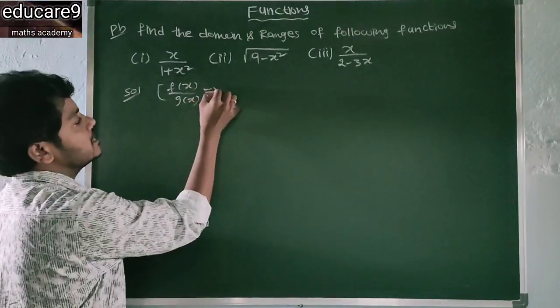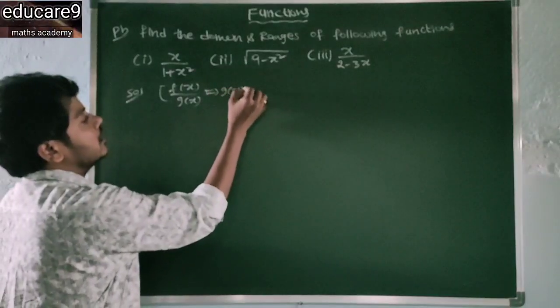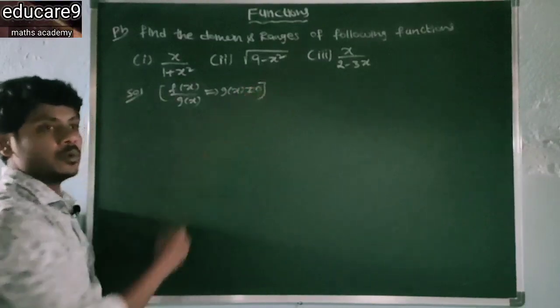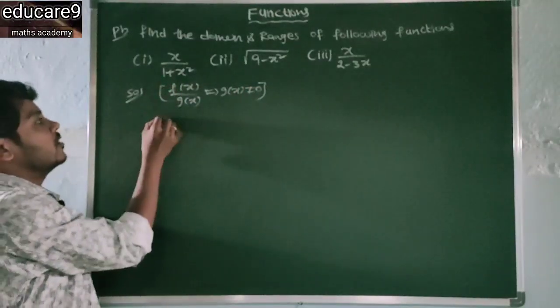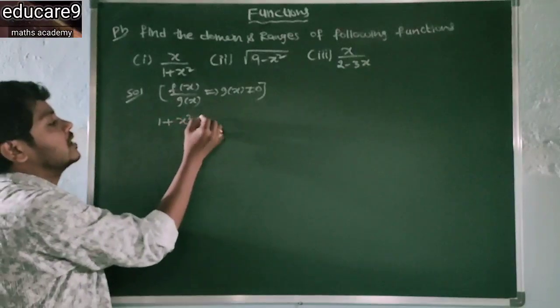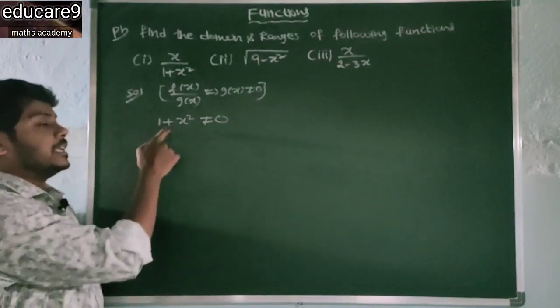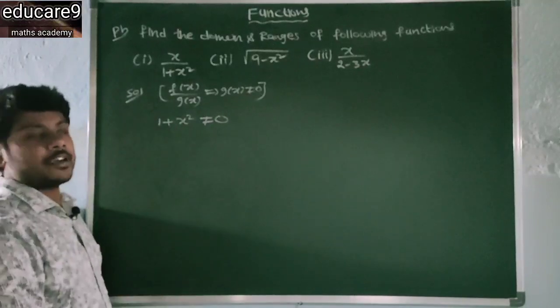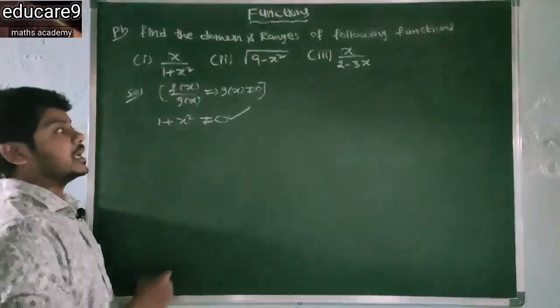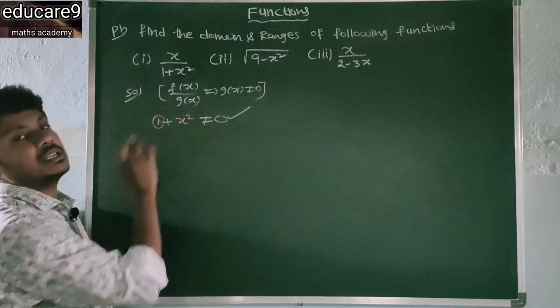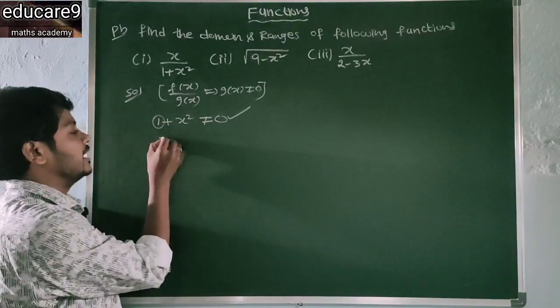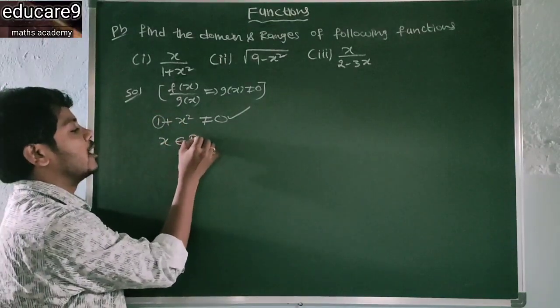So for this, g of x is not equal to 0. What is g of x here? 1 plus x square is not equal to 0. So clearly for every value of x it is satisfied because here 1 plus something is there. So therefore clearly x belongs to R.